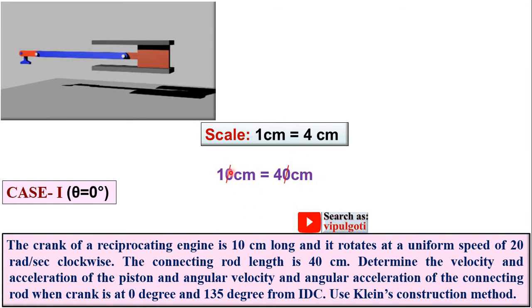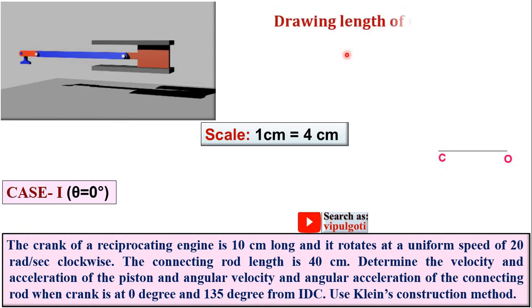Now first take any one point randomly and give the name as O. First the crank, that is generally denoted by OC, and the length of the crank is given to you as 10 cm and our scale is 4 cm. So always the length will be divided by the scale. So it will be 2.5 cm. So the length of OC is equal to 2.5 cm in drawing.